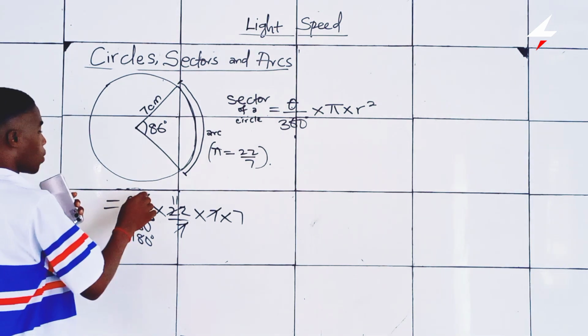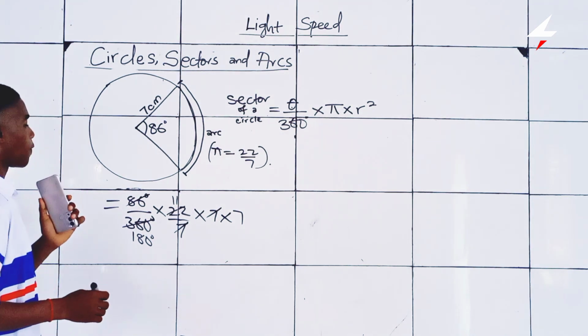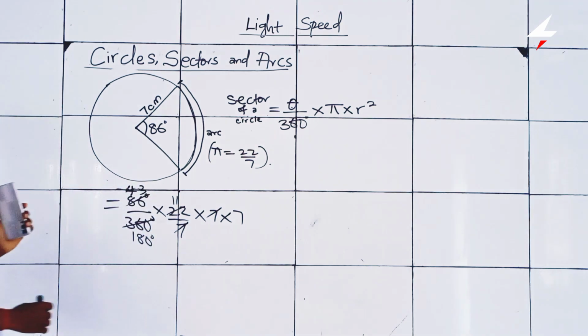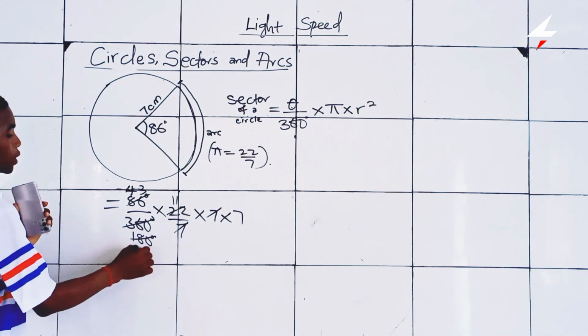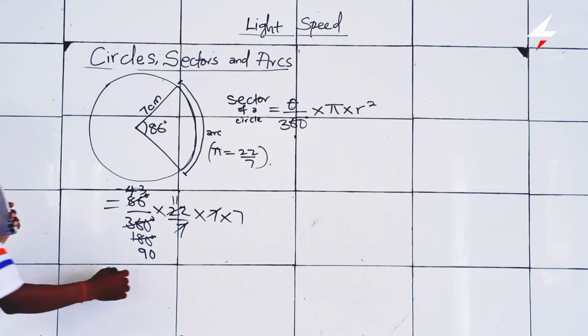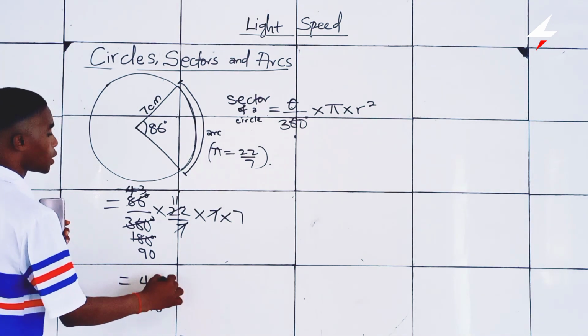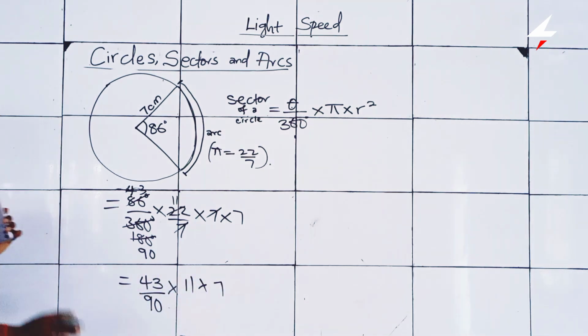When 2 goes into 86, that gives us 43, and when 2 goes into 180, that gives us 90. So we have 43 over 90 times 11 times 7. These are the values we have left.